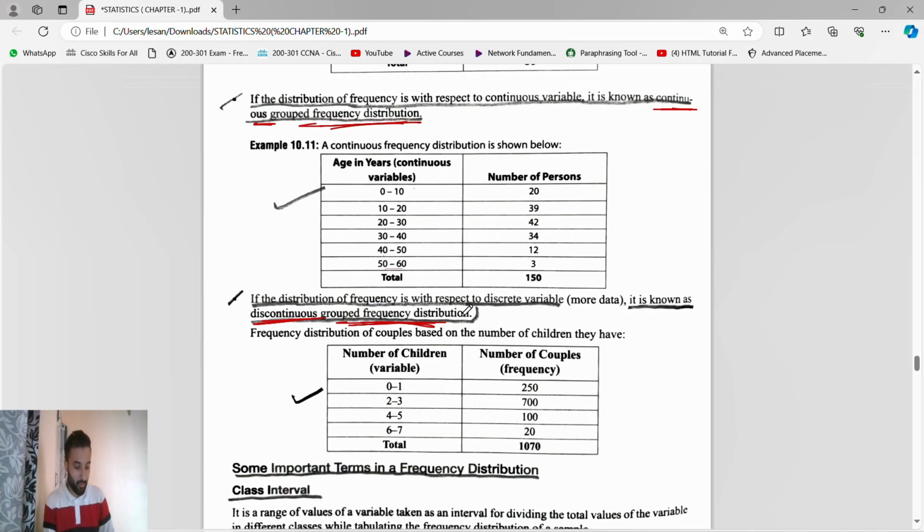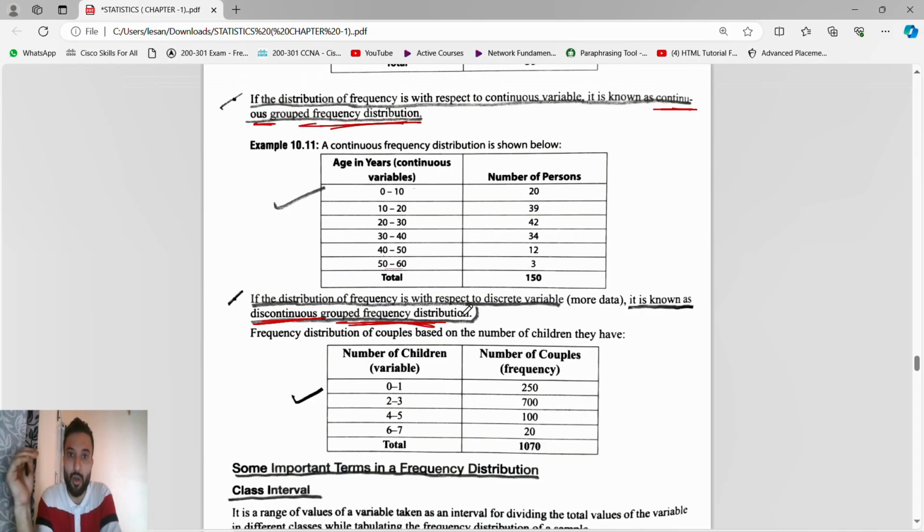So how will we know whether it is grouped or ungrouped? In the examination they will not say whether it is grouped or ungrouped. We have to read the question and determine it ourselves.